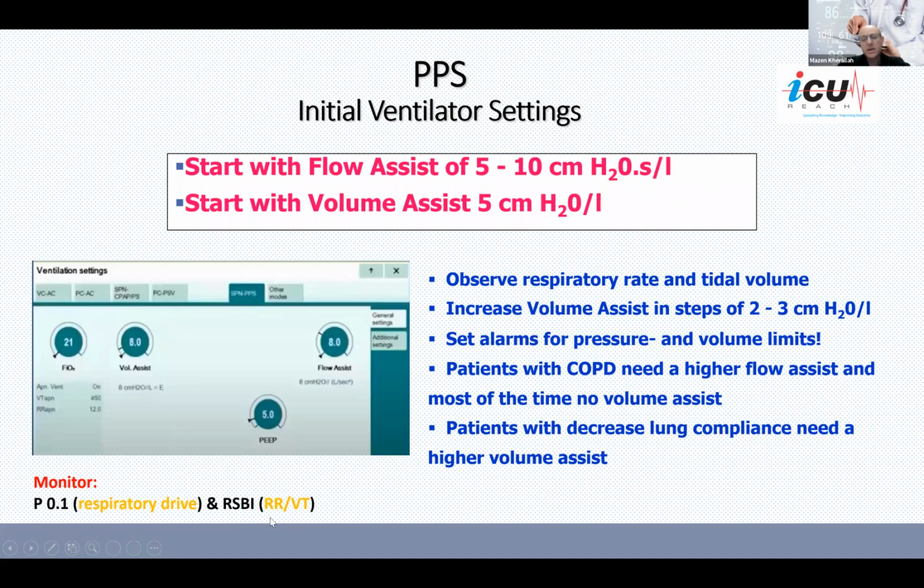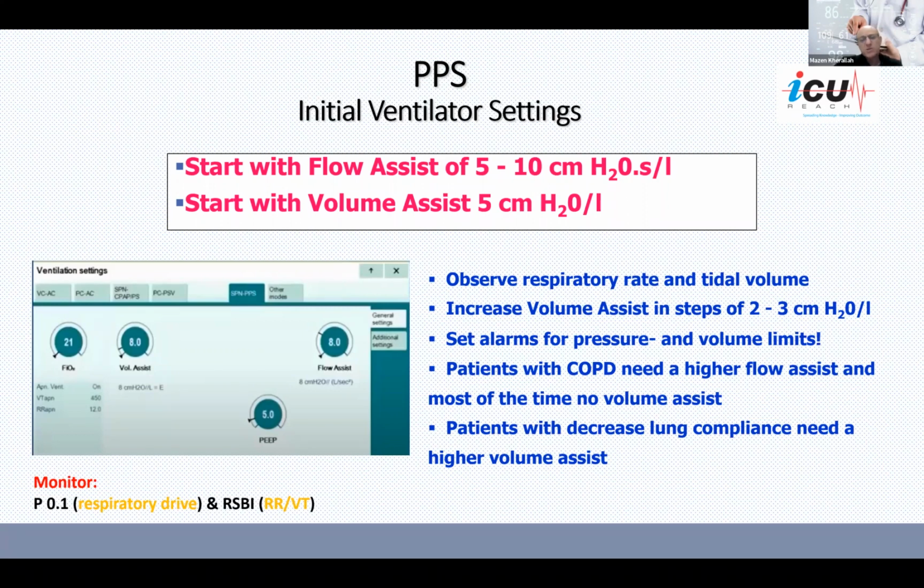This is an indication to you whether it's too much assist or too little assist. It's an indirect way to know the work of breathing for the patient. And then you increase the volume assist in steps of 2 to 3 centimeters each time. Of course, you need to set the alarms for the pressures and volume as appropriate for the clinical condition of the patient.